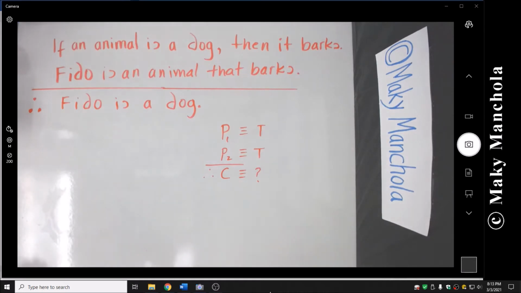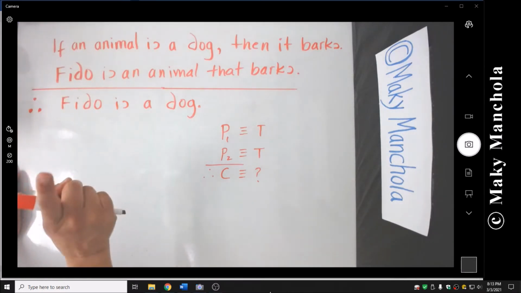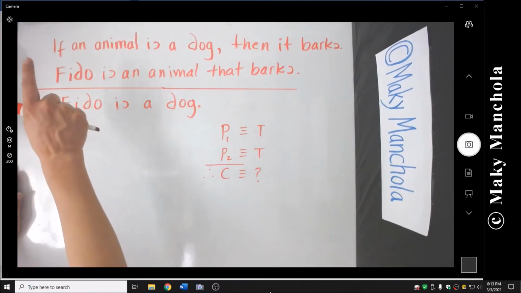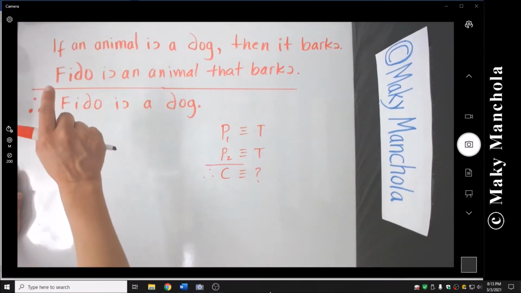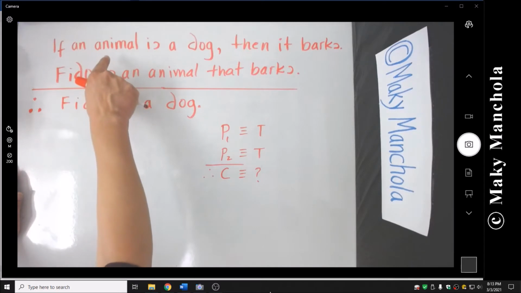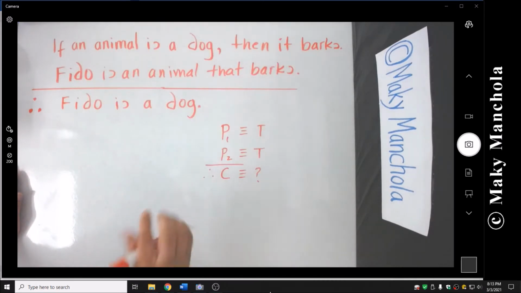Now, let's express our argument symbolically. In our first premise, there are two assertions. An animal is a dog, an animal barks.